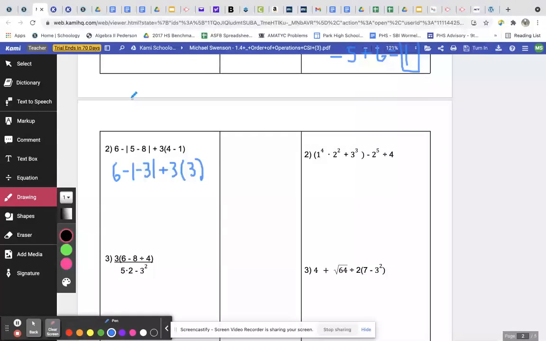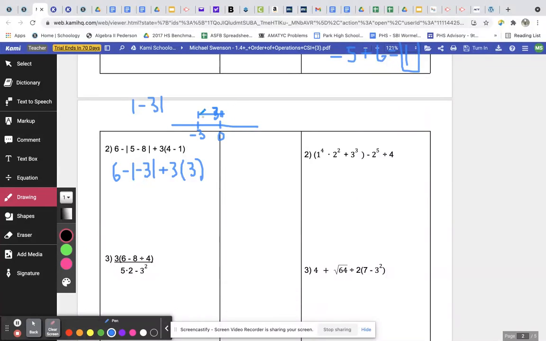Okay. Now, remember, the absolute value of 3 is the distance that 3 is away from 0 on the number line. So let's say that you have a 0 right here on the number line, and you have, let's say, a negative 3 right here. Negative 3 is a distance of 3 units away from 0.